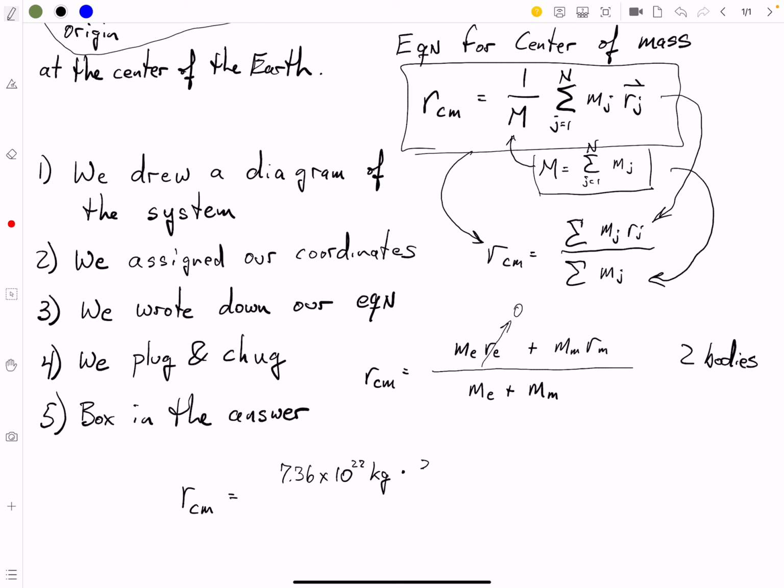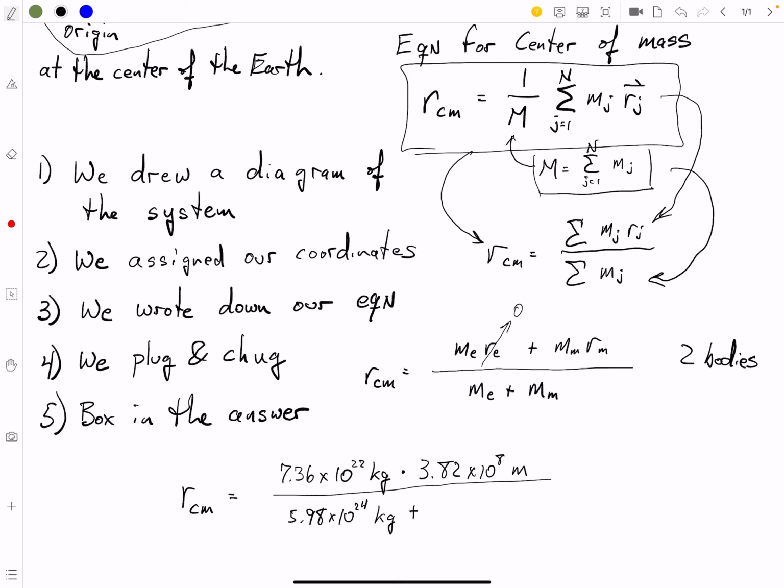And that's 3.82 times 10 to the 8 meters. And then we're going to divide all that out by our mass of the Earth, 5.98 times 10 to the 24. We can keep these guys.